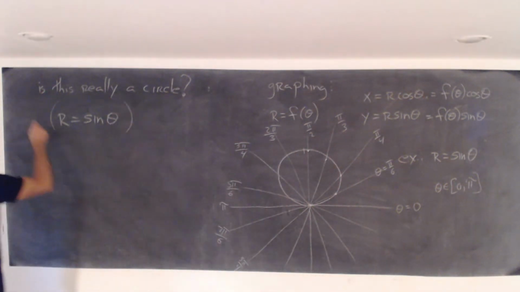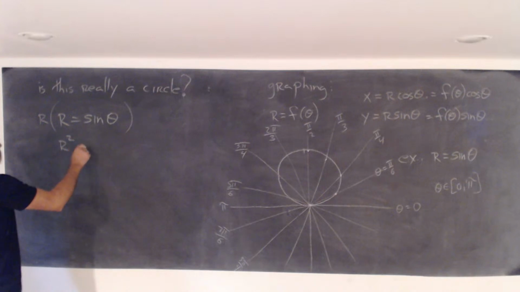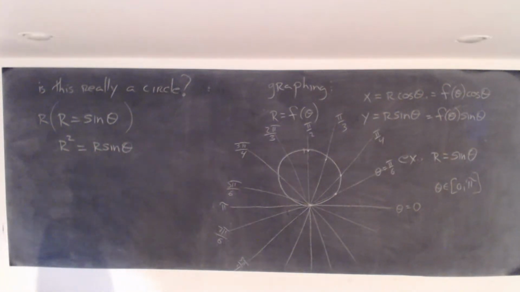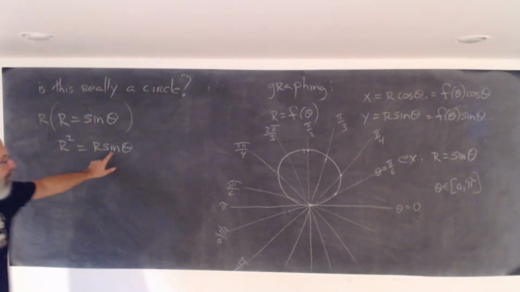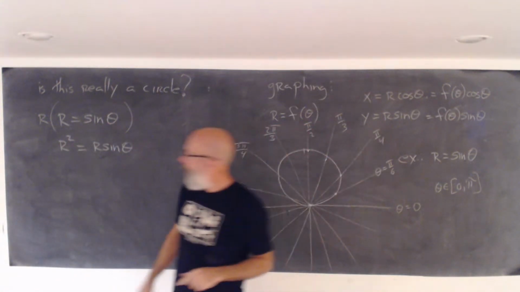Multiply both sides by r. This becomes r squared is r sine theta. R sine theta, you've seen this before. R sine theta is y.